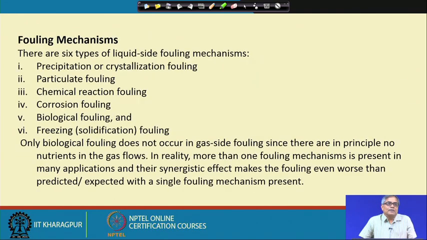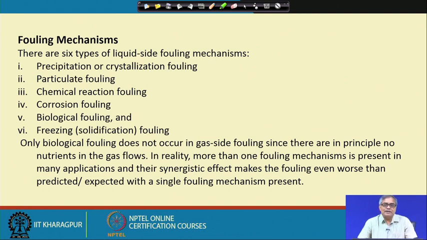Fouling mechanism. There are 6 types of liquid side fouling mechanism: precipitation or crystallization fouling. I do not need to explain it, it will happen with some sort of chemical nature of the fluid. Depending on the temperature, there will be precipitation and fouling, crystallization.